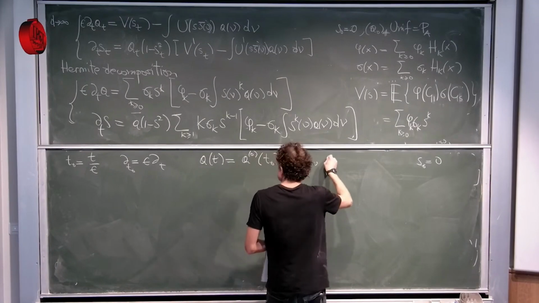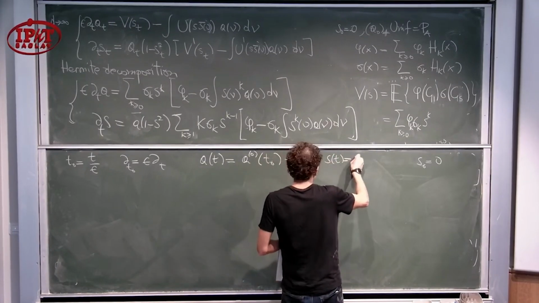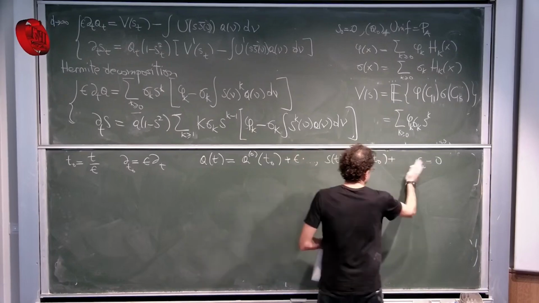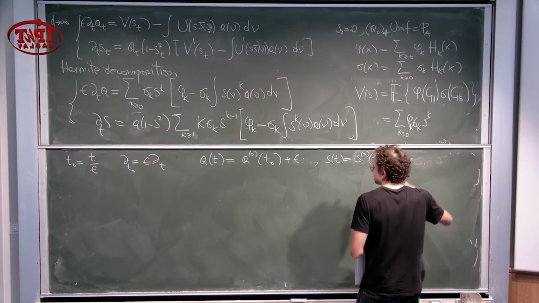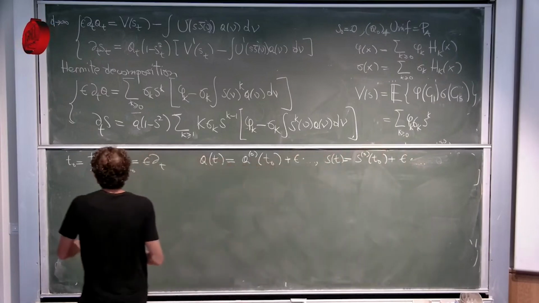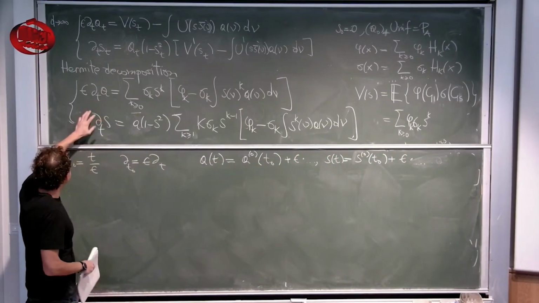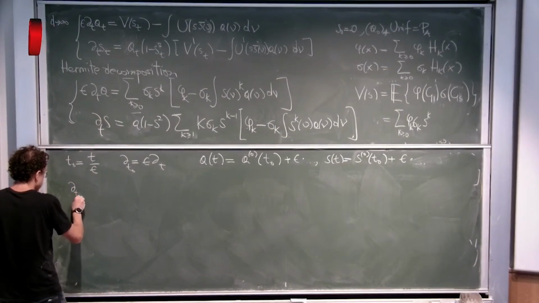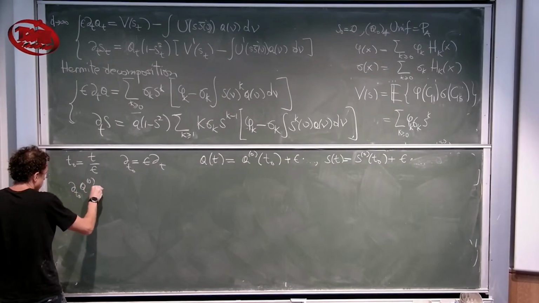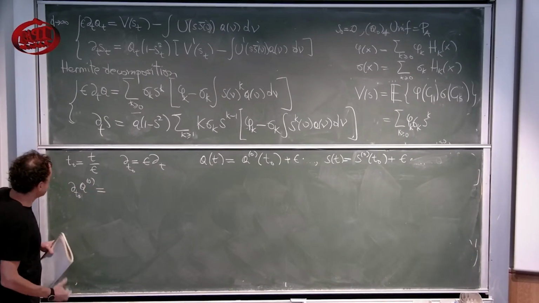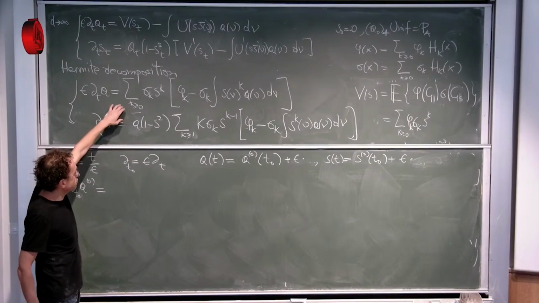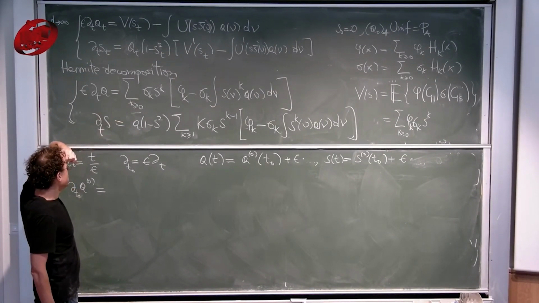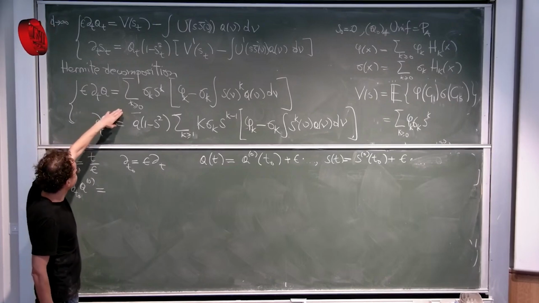And the same for S(T), which will be S0(T0) plus order epsilon, something like that. Now, if you substitute this in here, the left-hand side is just dT0 A0 plus higher order terms, and then let's look at the terms that are of order 1 on the right-hand side.